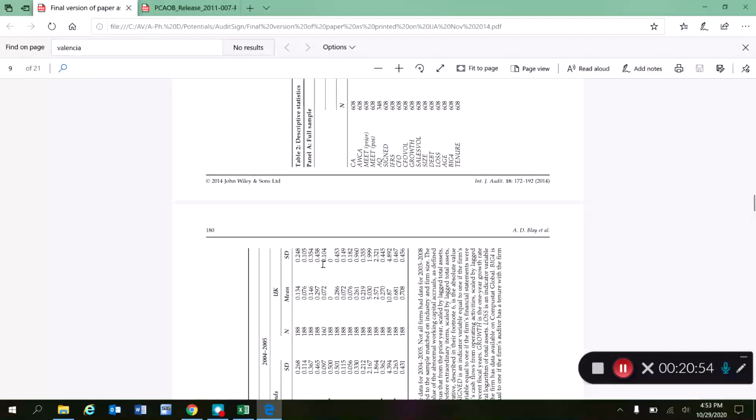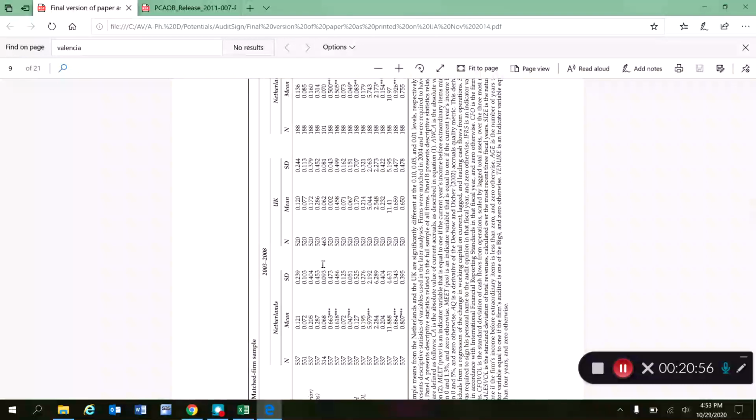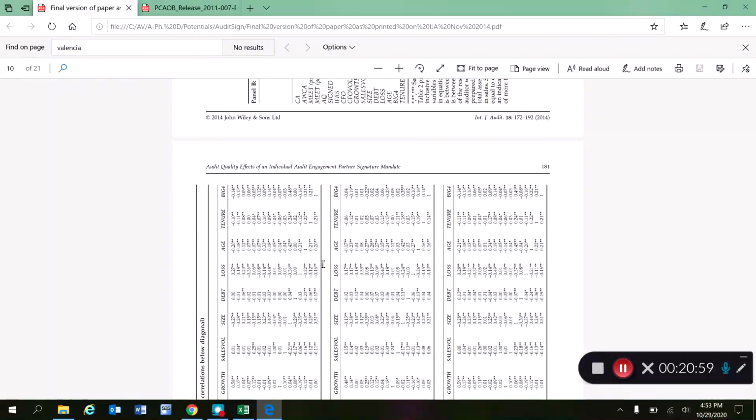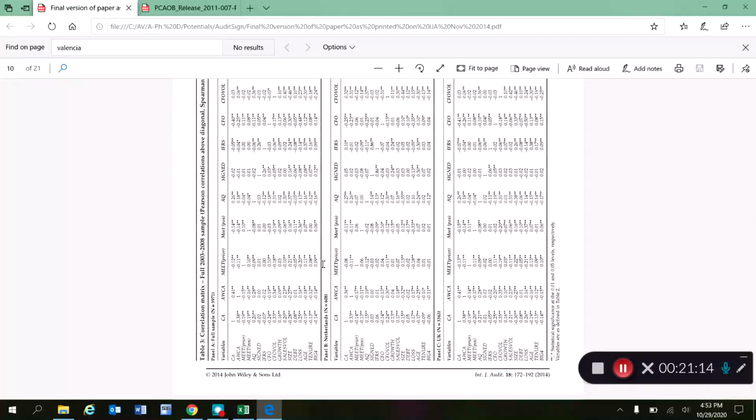So here are the results, and we're not going to go crazy looking at them. In our paper, as we expected, based on our intuition and economic theory, we found that the signature mandate would not affect audit quality.